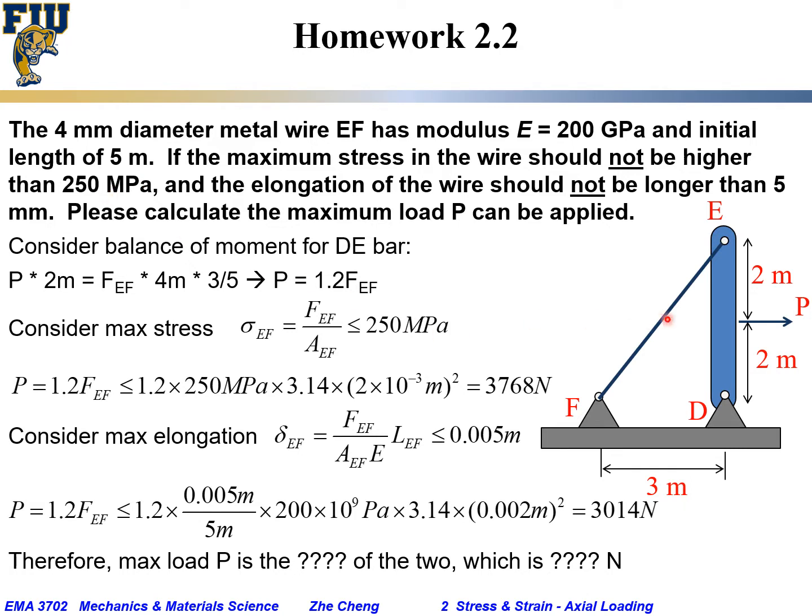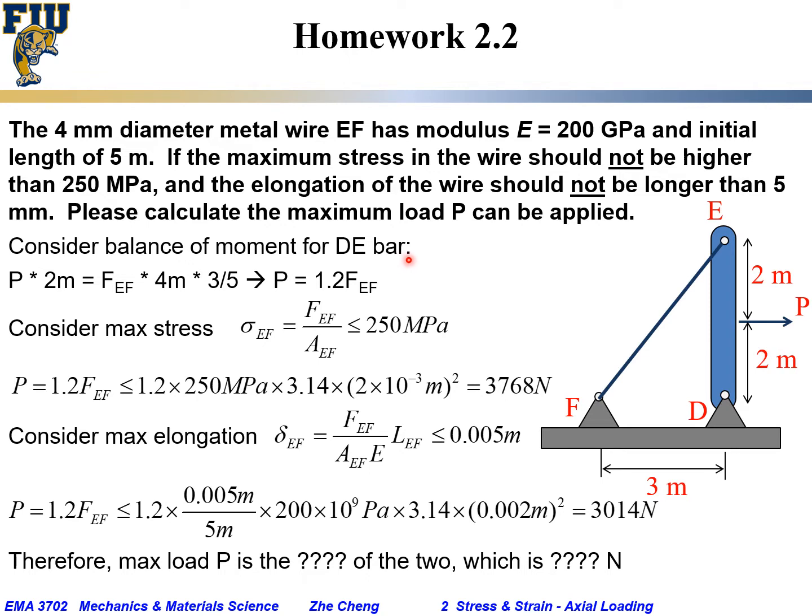At the same time, when you pull it, the wire will get longer, and we want the elongation, the absolute change in length, not to be longer than 5 millimeter. Okay, so these are the two constraints, and we want to know the maximum load P force that can be applied.